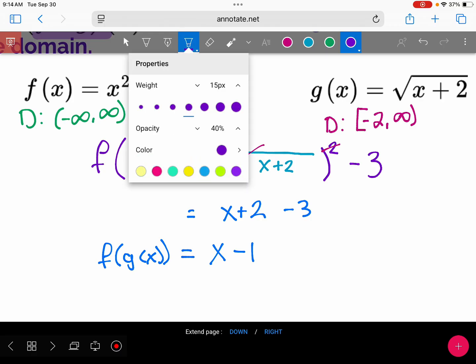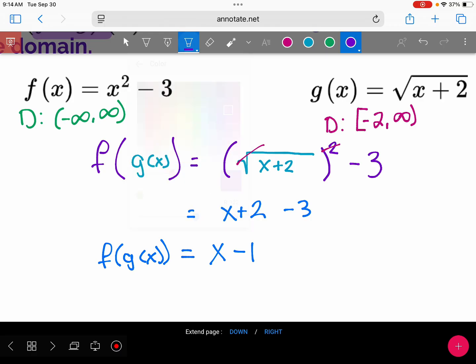And if that's all we were asked to do, we'd stop right there. But it wasn't. If I just looked at that, x minus 1, what would be our domain? If I was just looking at this bit, it would be from negative infinity to positive infinity, because that's a linear expression.